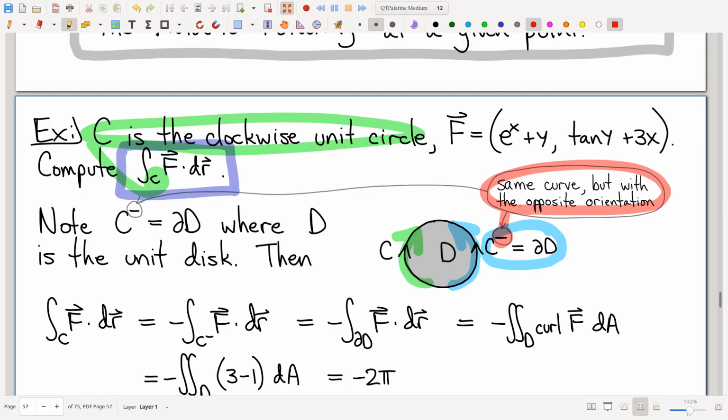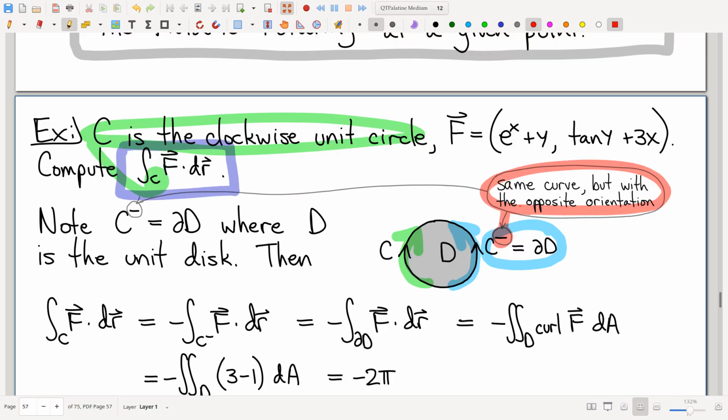And that curve, the blue curve, is literally a boundary. Details and all, orientation correct. That blue curve, C minus, is the boundary of that gray region D. Is that cool? Everybody with me? Does that make sense? So we've got a foot in the door.